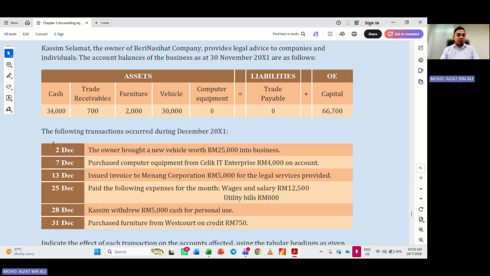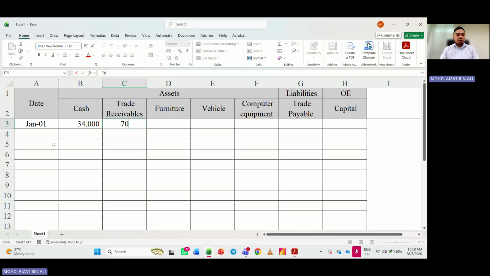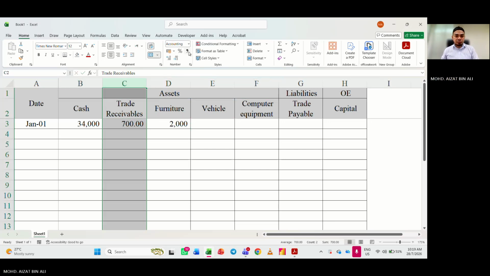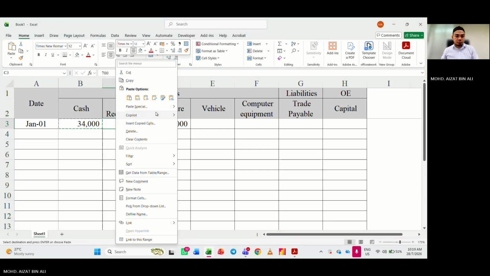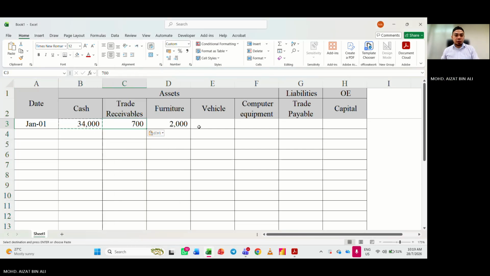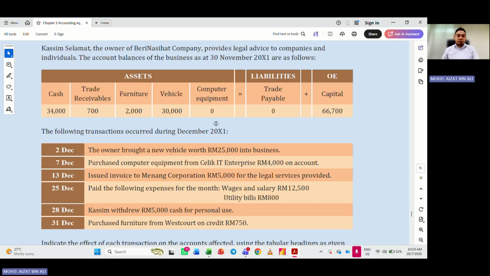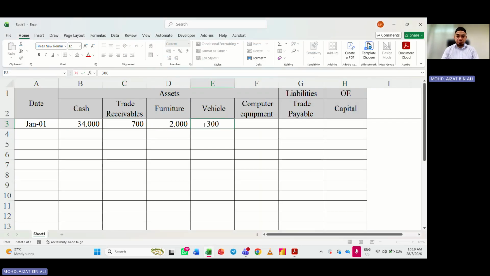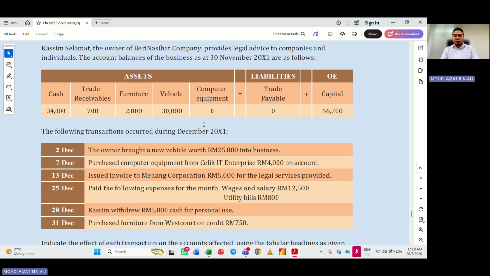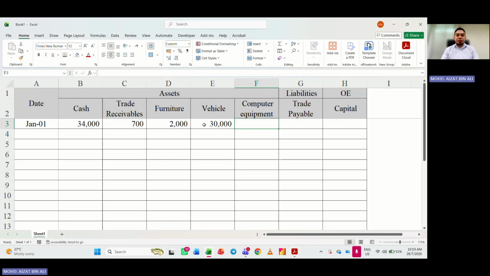Next, we have trade receivables 700, furniture 2,000. Next, vehicle 30,000. There is no computer equipment, no trade payable, and capital is 66,700.